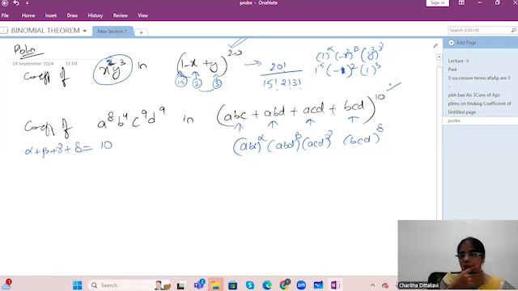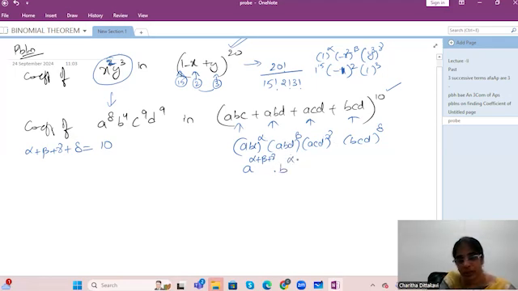Clear? Right. Now, when you just see what happens here, a to the power 8 is there, b to the power 4, c power 9, and d power 9. How are we supposed to guess them? So a power, how much are we getting? Think about it. A power alpha here, a power beta here, a power gamma. So while I am multiplying, do I get a to the power alpha plus beta plus gamma, into b to the power alpha, b power beta, b power delta.